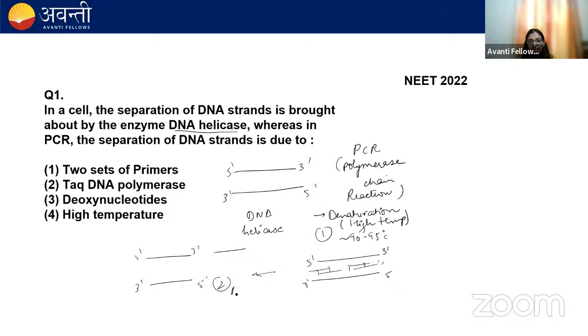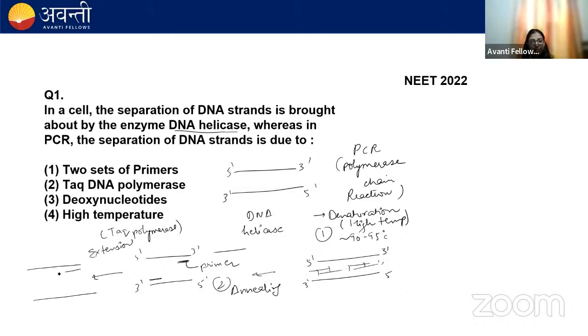Second step is annealing. Annealing means joining. So the primer will anneal to the single strands of the DNA. Third step is extension. Here, Taq polymerase plays an important role because the function of Taq polymerase is polymerization.